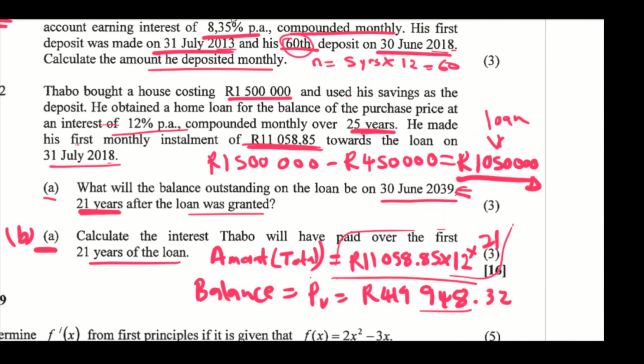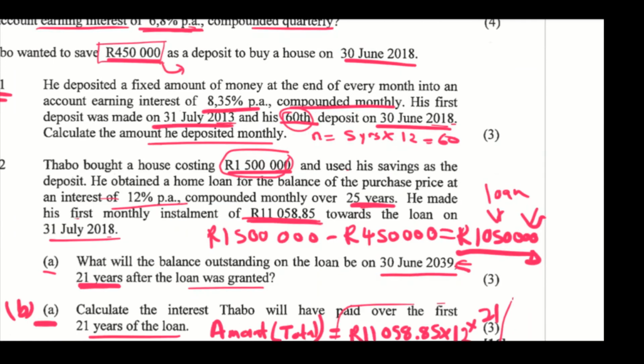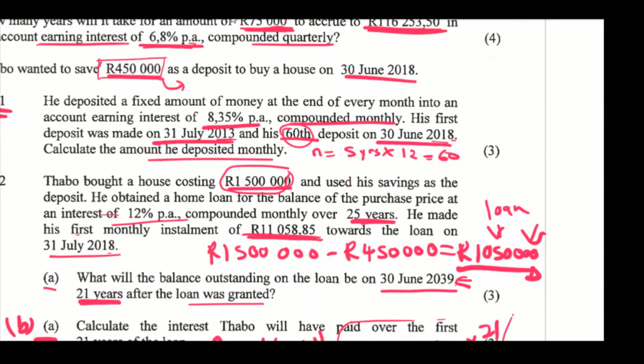And we also know that the loan is actually this amount here, 1,050,000. Remember I said the house cost 1.5 million and he paid 450,000 rand, so you subtract and you get your 1,050,000.